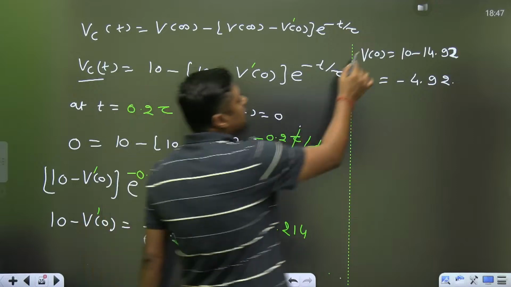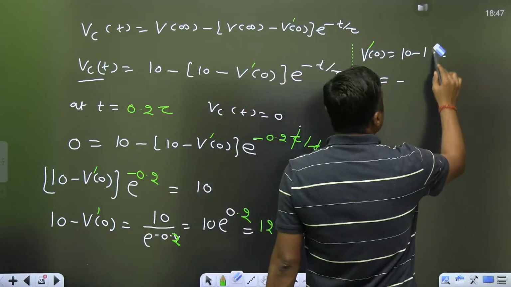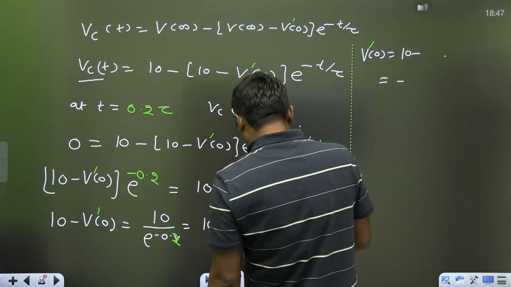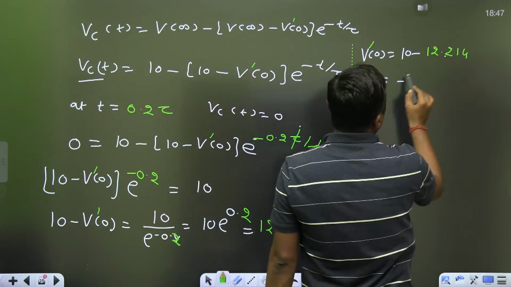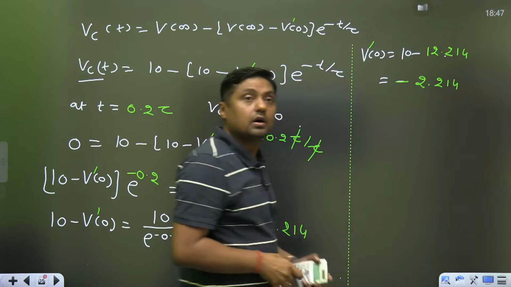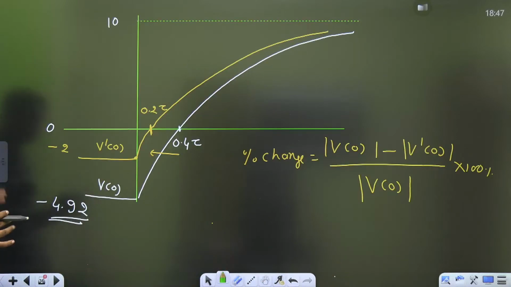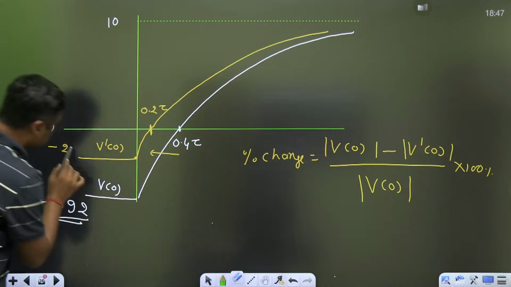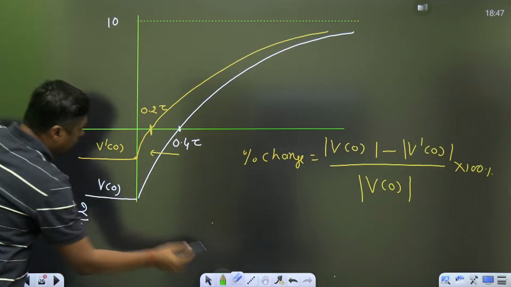V dash 0 will become 10 minus 12.214, so it will become minus 2.214. Again negative. So according to the diagram, everyone tell me everything is fine. This is the value. It is not 2, it is 2.214.